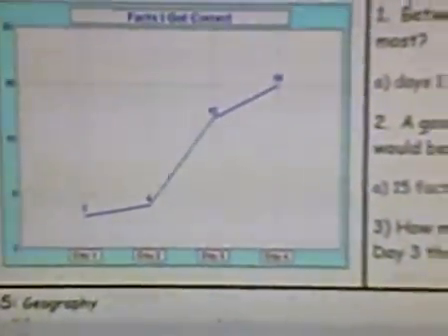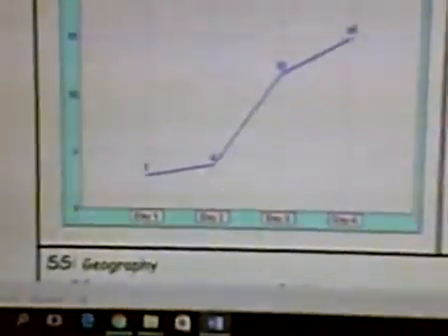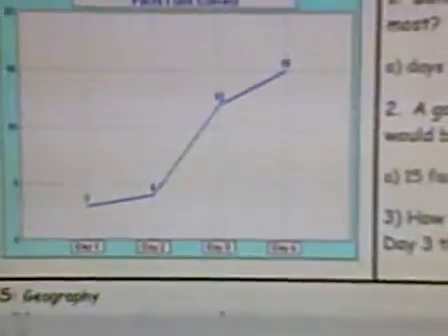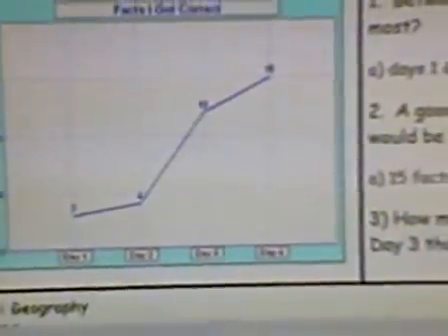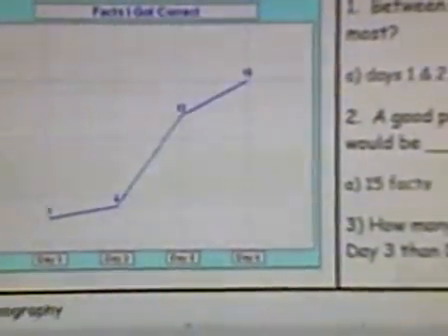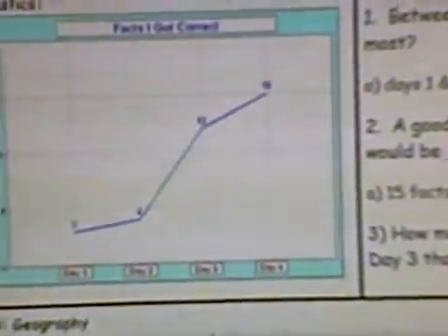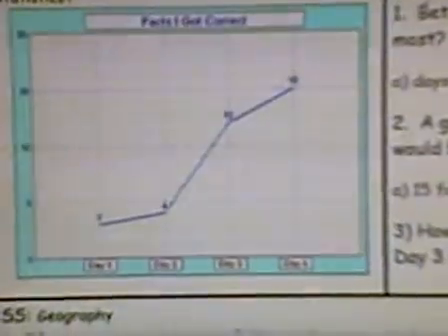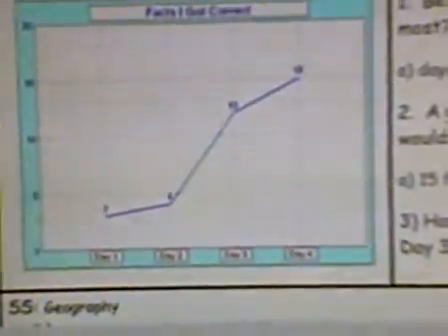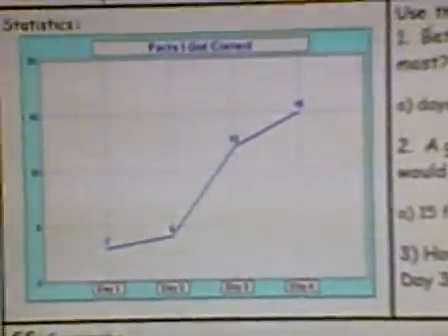So between which 2 days did they increase the most? Between day 1 and 2, they increased by 1. Between day 3 and 4, they increased by 3. So the biggest increase was when they jumped from day 2 to day 3.